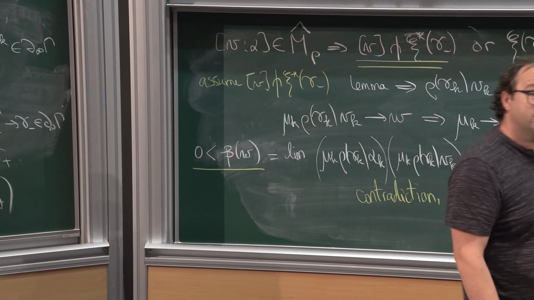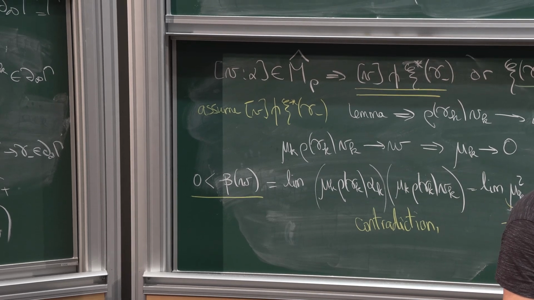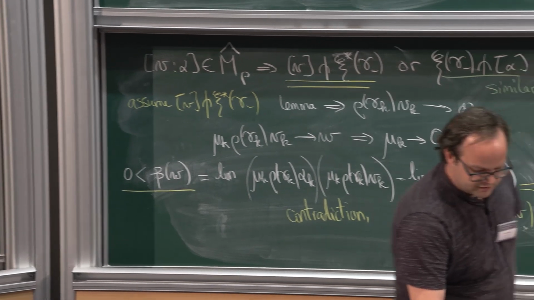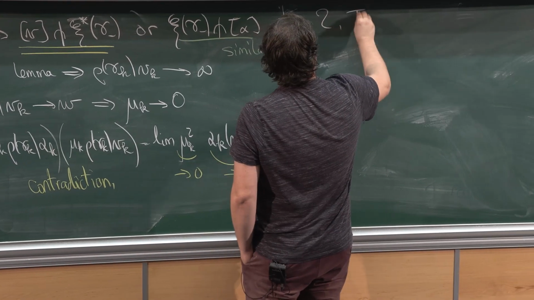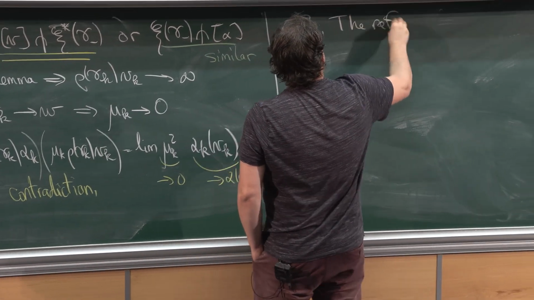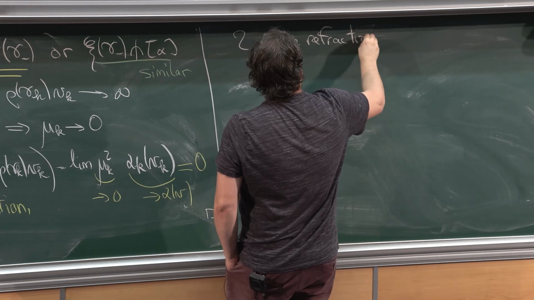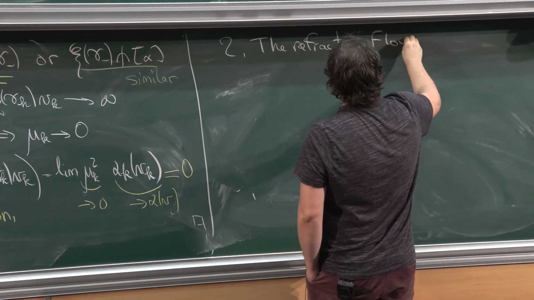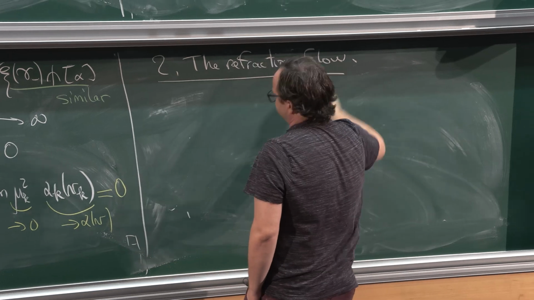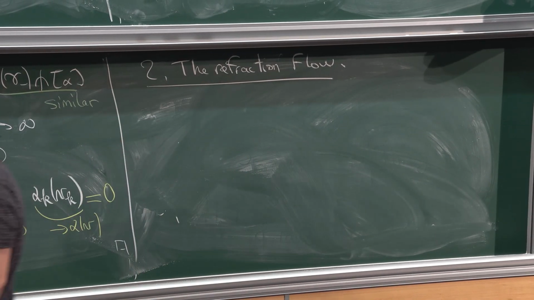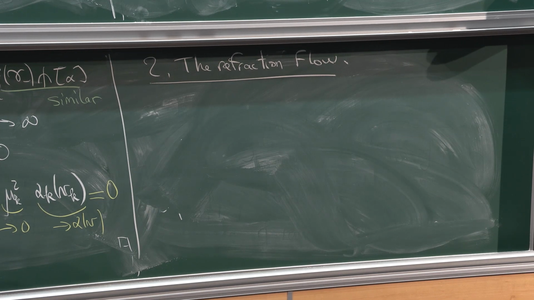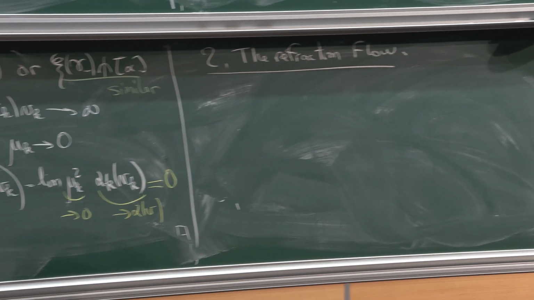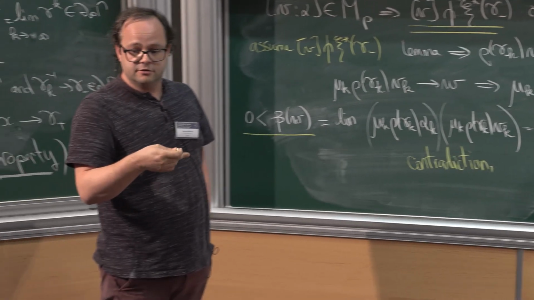I don't have much time yet, but I'll just start with a short introduction to the second part, which will be more of an introduction than anything else, about this refraction flow. The true goal of the second part will be to introduce the original definition of Anosov representations with flows.